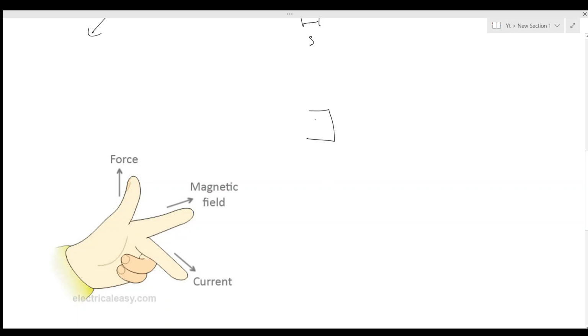So let's say we have a North Pole here and a South Pole here, and a wire is placed in the middle which carries the current, let's say downwards. From your idea of magnetism, you know that magnetic field lines go from the North Pole to the South Pole. I'll draw just one line to avoid complication. And in this case, the current is going downwards.